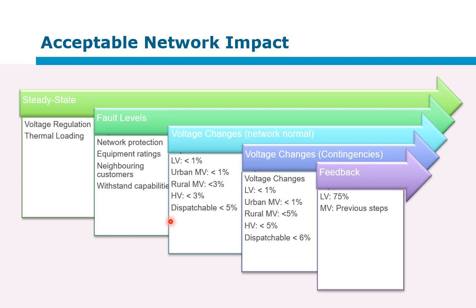Now, during network contingencies, slightly higher voltage changes can be accommodated because even the NRS 048 does allow for worse performance during network contingencies. If you have feedback into the network, at LV the recommendation remains that it's below 75% of the transformer rating due to the potential impact of DC and especially harmonics on the transformers.